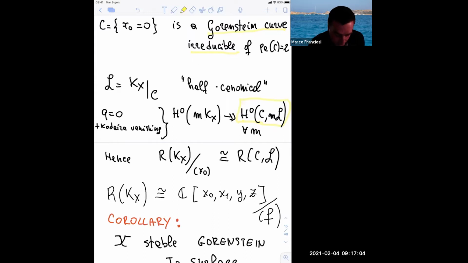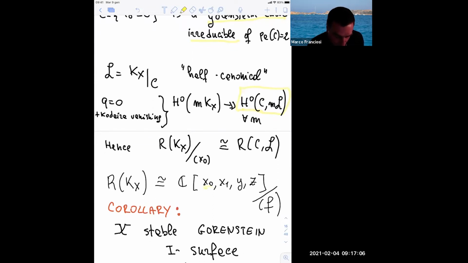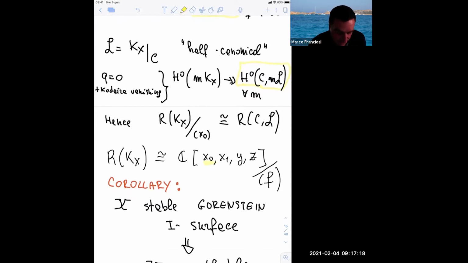That is, adding the section x0, R(K_X) is just isomorphic to C[x0, x1, y, z] modulo the ideal generated by F. And this is as in the smooth case. So it's really easy.